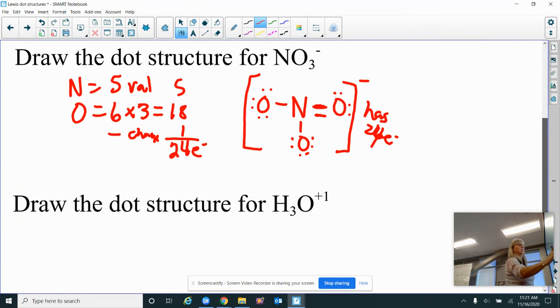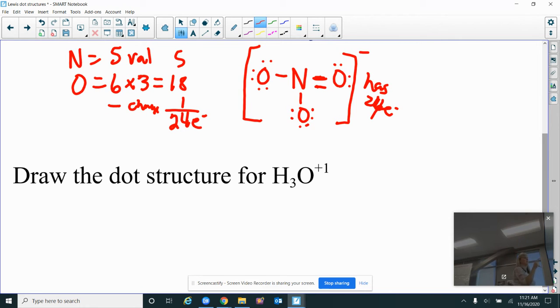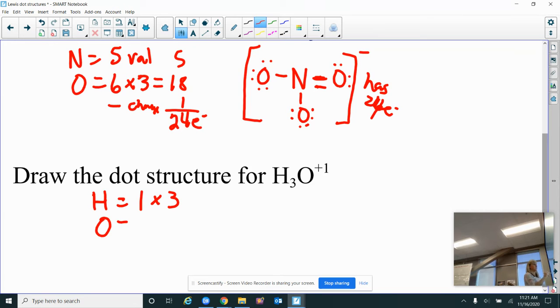Then if we were going to do this one, H3O plus 1, so hydrogen has 1 valence electron. There's 3 hydrogens. Oxygen has 6 valence electrons. So we have 3 plus 6. And now since it's a plus 1 charge, that means we subtract an electron. And again, it doesn't matter where it's from, it's just from the total.